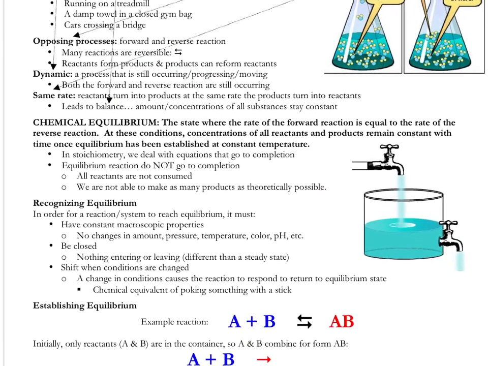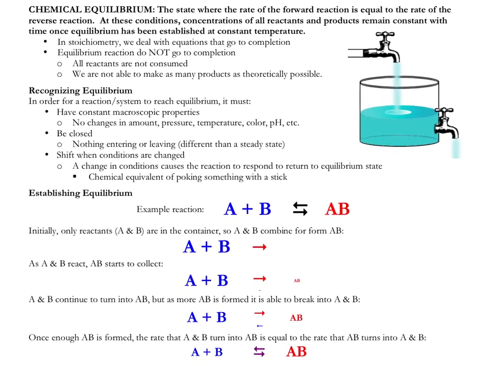So if we get a little bit more specific here and talk about chemical equilibria, we see the definition. The forward and the reverse reaction rates are equal. The concentrations remain constant as a result, as long as we're at constant temperature. So we've got some important things here that we will mention several times.